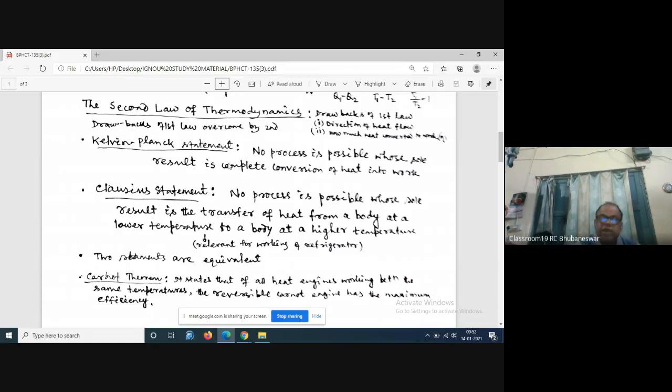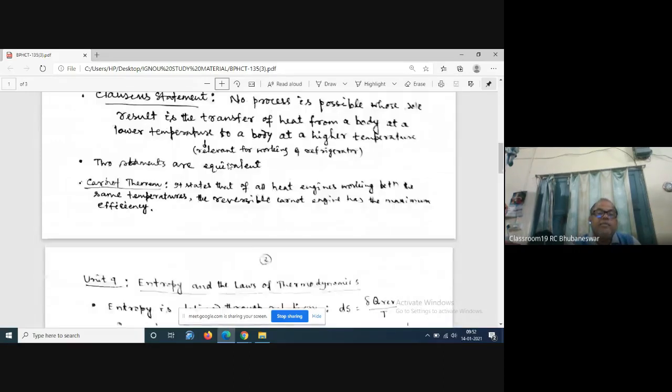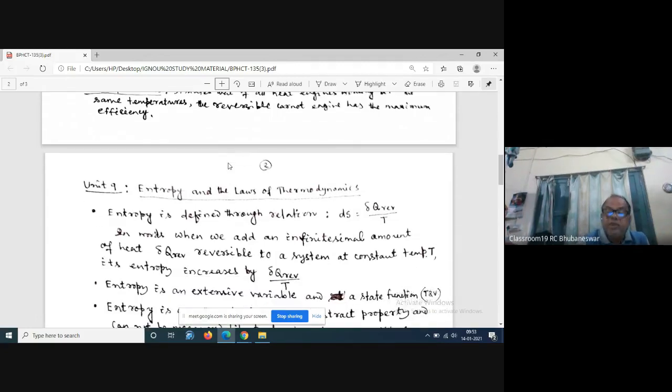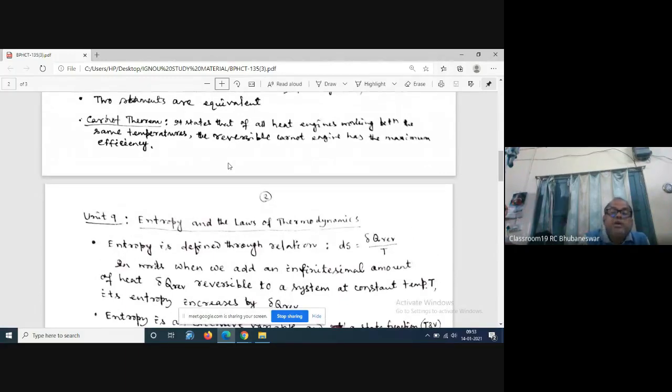Now another thing related to the second law of thermodynamics is the Carnot theorem. What is the statement? It states that of all heat engines working between the same temperatures, the reversible Carnot engine has the maximum efficiency.